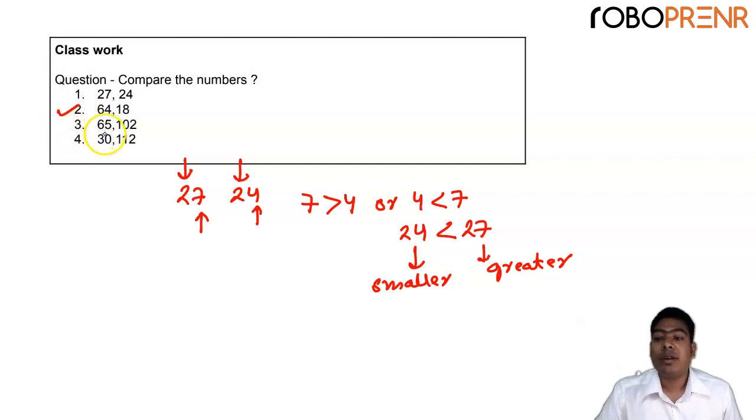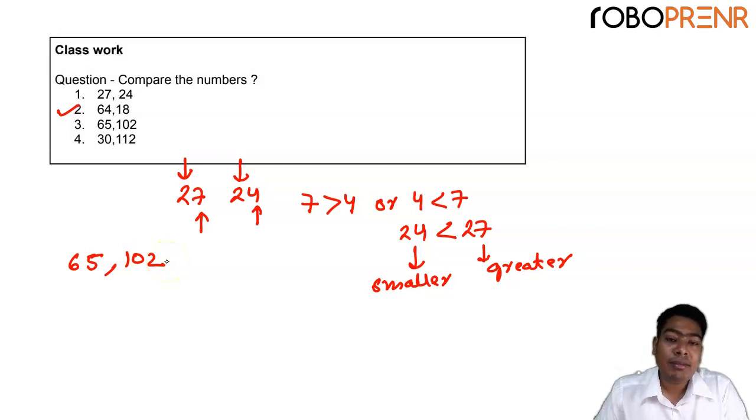In the third question, we compare the numbers 65 and 102. We observe that these numbers have different numbers of digits, so we will use case 1 to solve this problem.